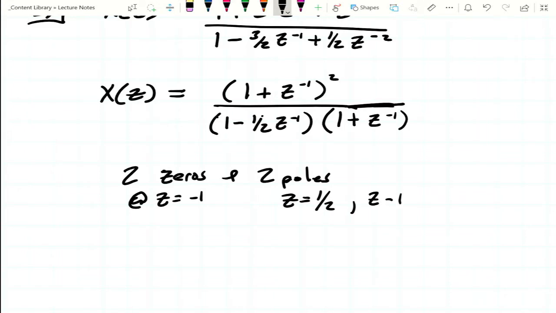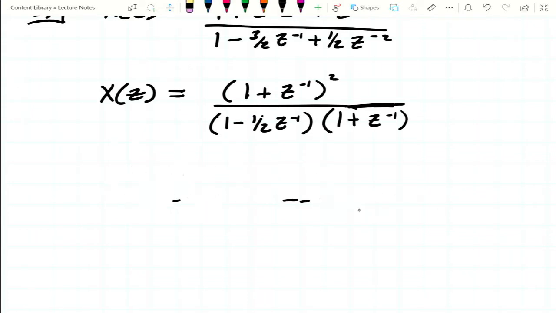Very strange. Okay. But that's not important now. What matters is that the number of poles and the number of zeros is the same, or M is equal to N.